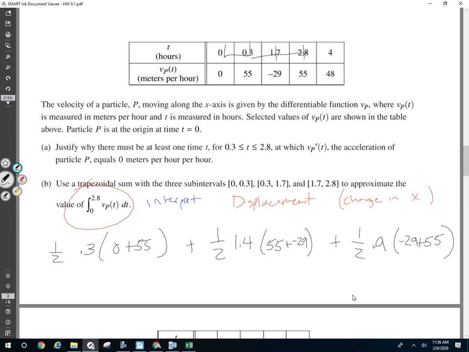Cool? Where am I getting the decimals from, Mr. Hotmeyer? The base length, 0 to 0.3, that's the base length. These are my heights. 0.3 to 1.7, the base length is 1.4. Does that make sense?